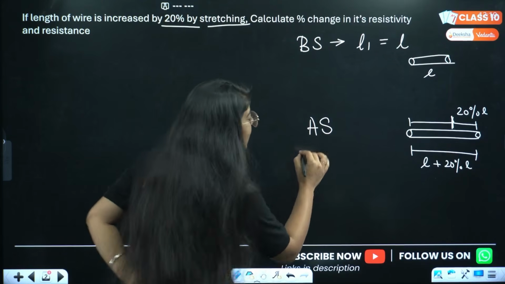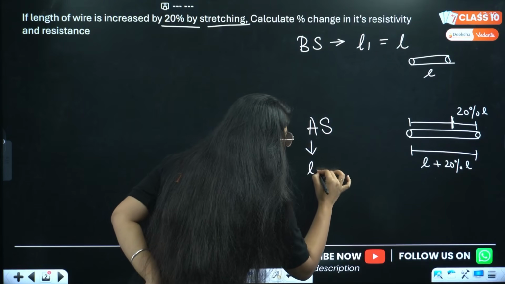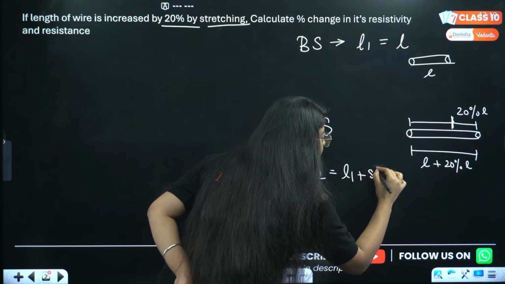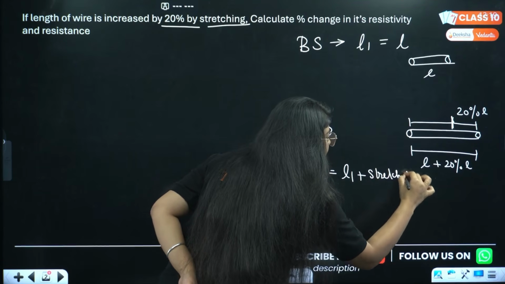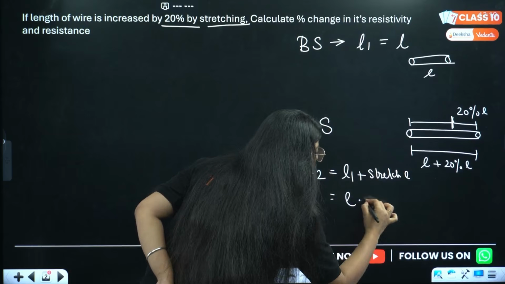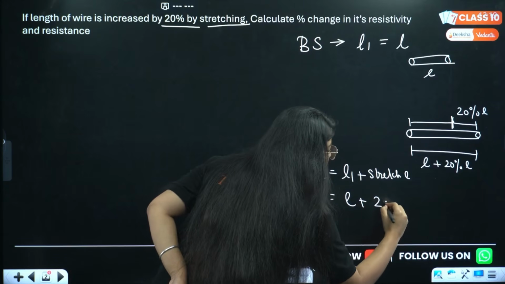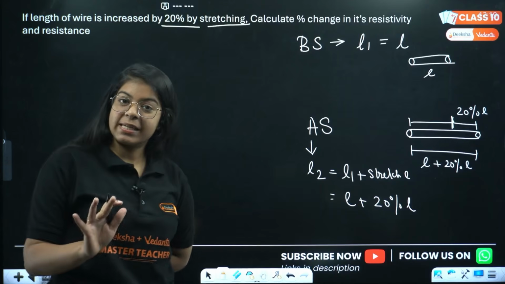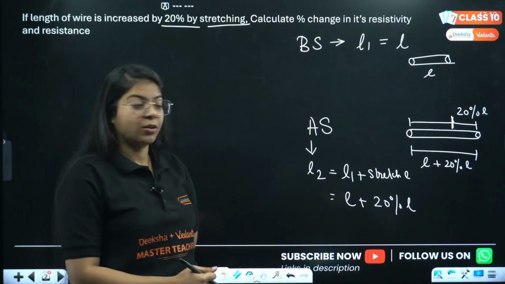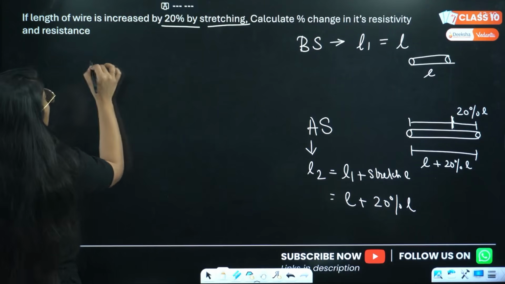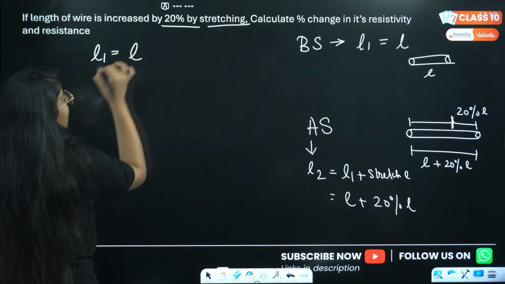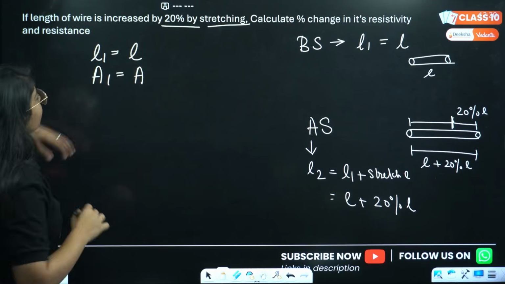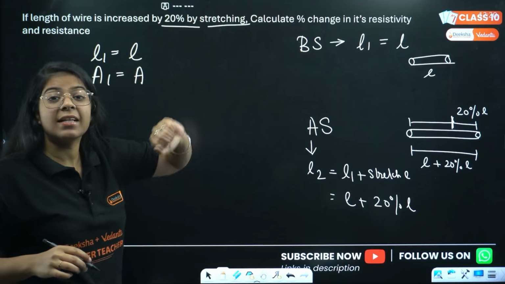So L2, now after stretching, L2 will be simply L1 plus the stretched length, right? L1 is simply L plus stretched length is 20% of L. Correct? Understood? Very basic. This is how you approach these kind of questions, right? So now L1 is simply L. The area was simply A, because we have to find resistivity and resistance.